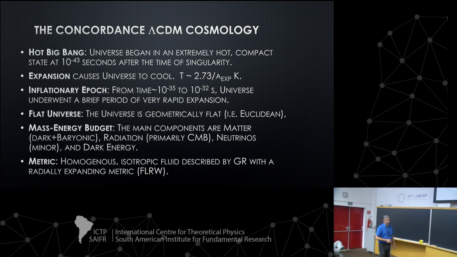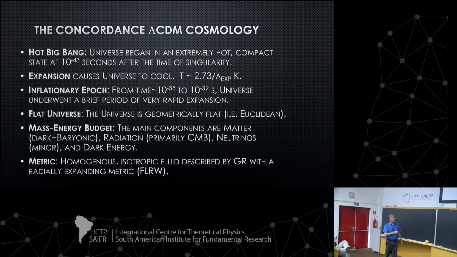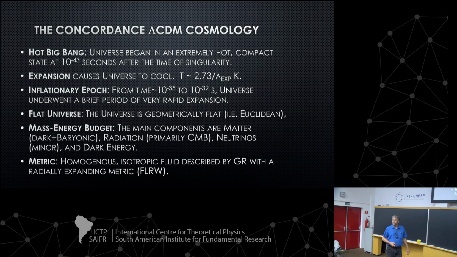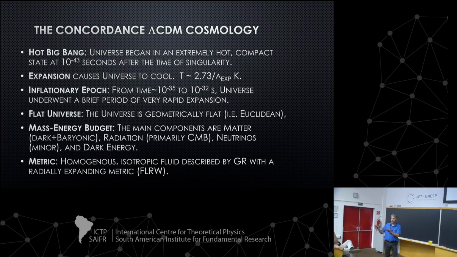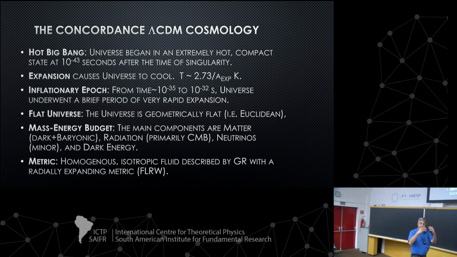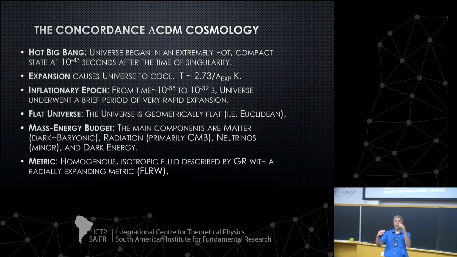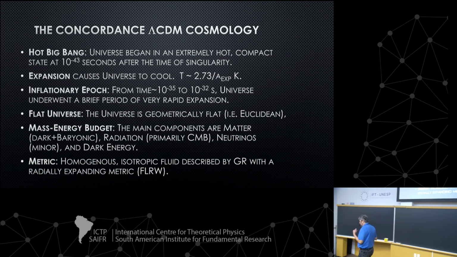So then, very early on, there's a very important period for galaxy formation, which is called the inflationary epoch. You see the times are very small here. This is the time at which it was believed that the strong force split off from the electroweak force. Before that, there was a symmetry between the strong force and the electroweak force. And in a practical sense, what does a symmetry mean?